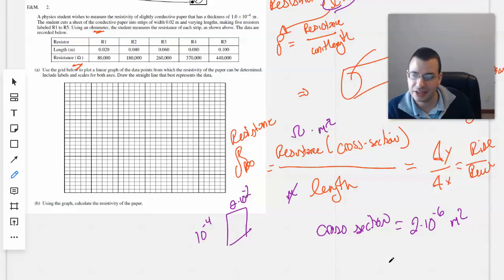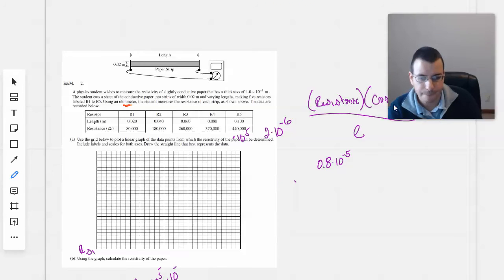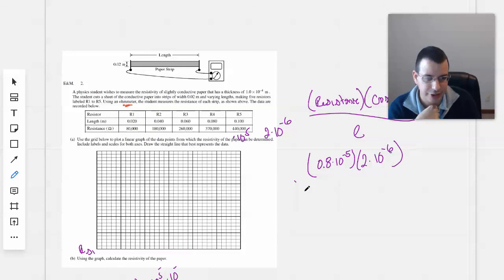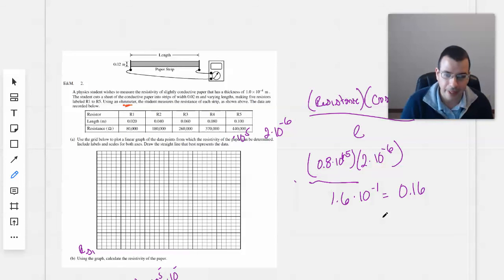Resistance is 0.8 times 10 to the fifth times 2 times 10 to the negative sixth. And then that would be 1.6 times 10 to the negative 1, which equals 0.16. Okay.